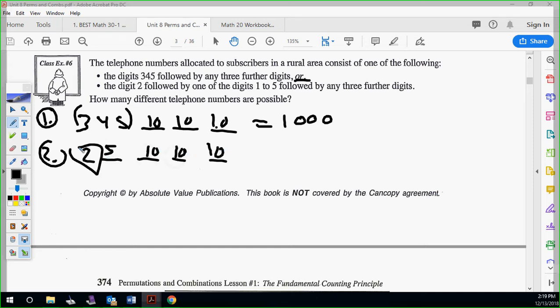Again, the 2 doesn't count. That's just locked in. So it's 5,000. And then we're going to add those two because we can use or. They said either work, so 6,000 options, if it could be one of those two.